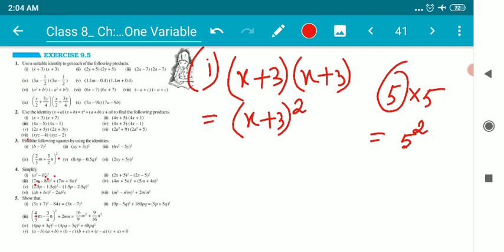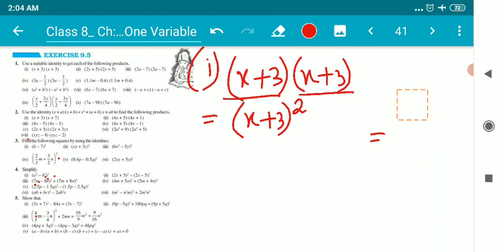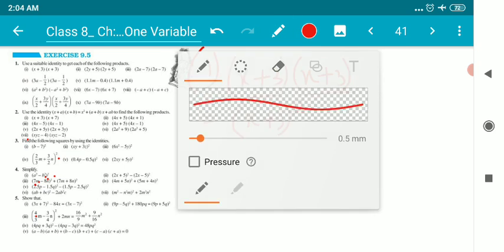Suppose 5 into 5, in the place of that we can write 5 square. Similarly, in the place of (x plus 3) and (x plus 3), we can write (x plus 3) whole square.